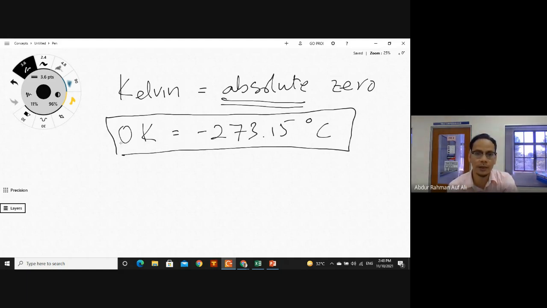That's why it is known as absolute zero, and that's why in chemistry, in physics, when we perform calculations, we use the unit Kelvin. So this is the relationship between Kelvin and degree Celsius. So if we get a value in degree Celsius and want to convert it to Kelvin, we add 273. Because Kelvin is larger than degree Celsius.